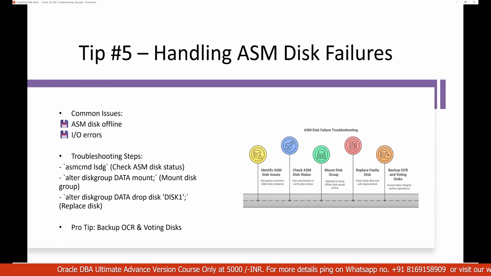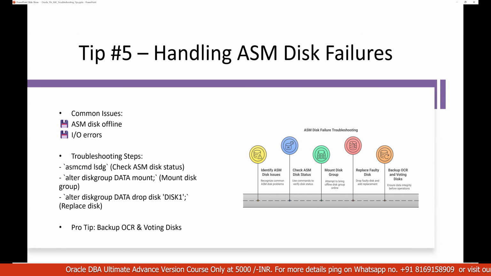Now the next pro tip, with respect to RAC troubleshooting, is handling ASM disk failure. This is not a very common issue, but sometimes it happens. Let's say a particular disk went offline, and maybe there's some issue with respect to disk failure, or IO errors are coming. How can you identify those issues with respect to ASM disks?